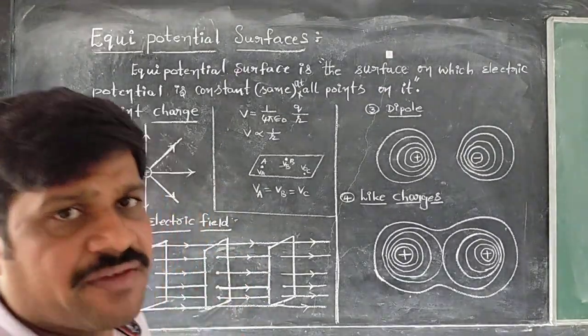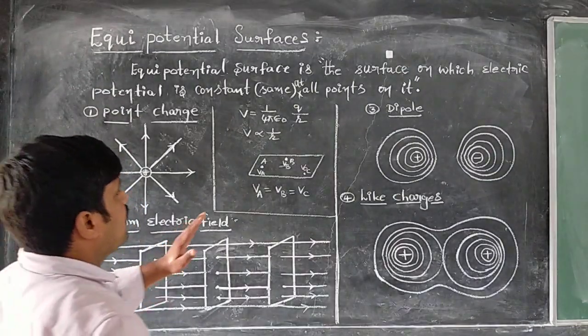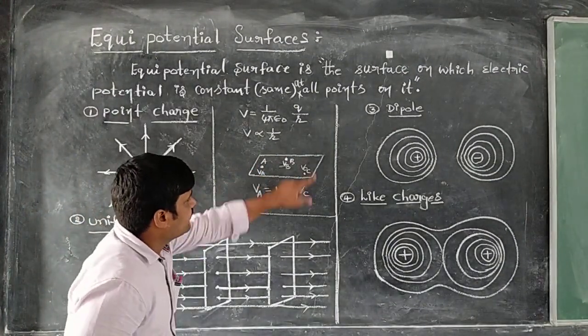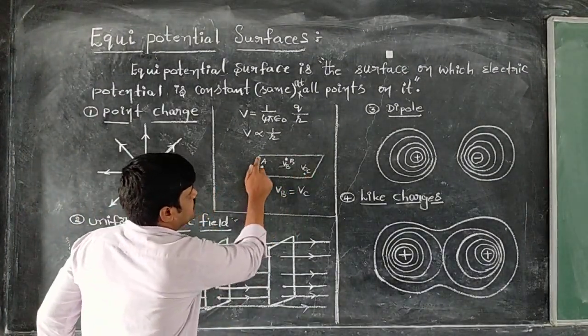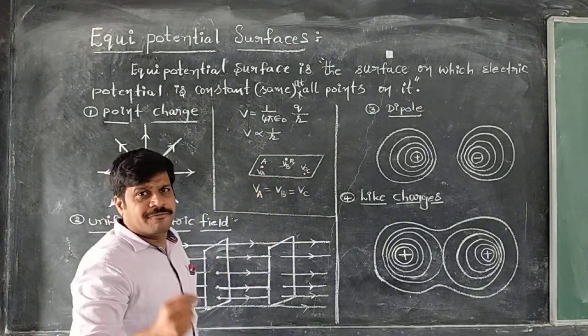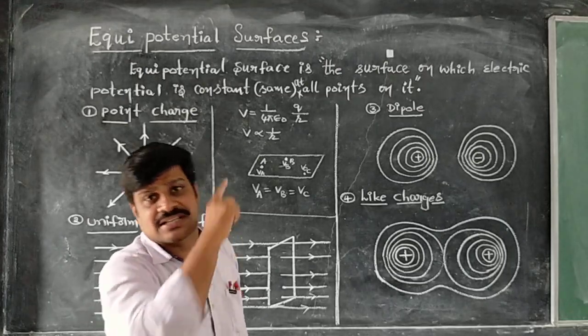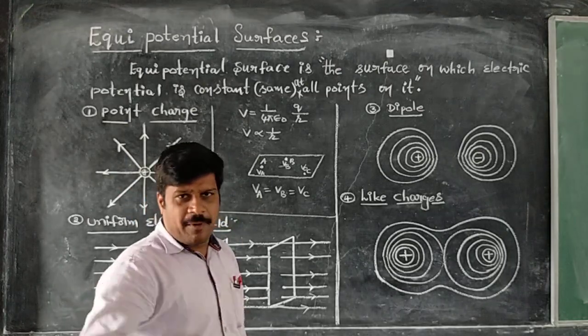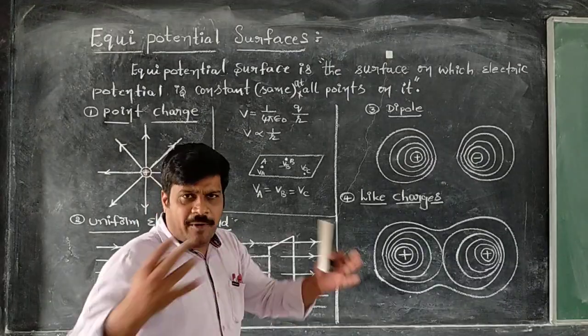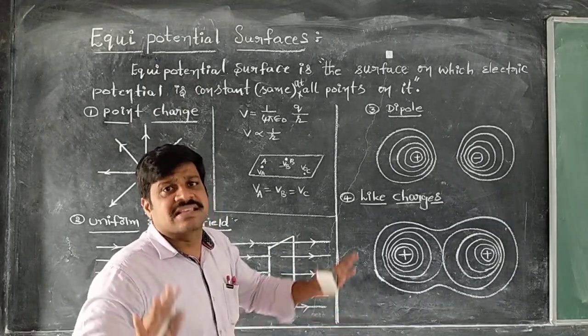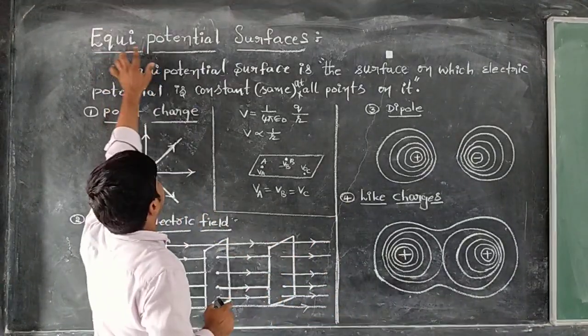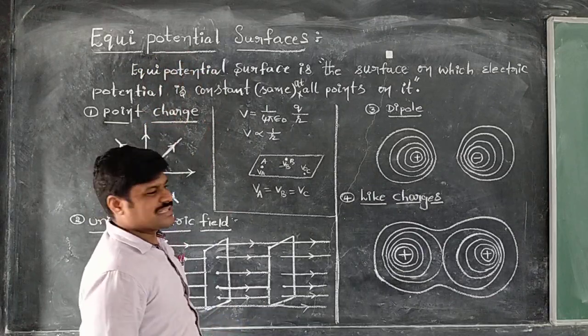So an equipotential surface is the surface on which, wherever the point may be, the potential is constant. At every point the potential is the same, and such a surface is said to be an equipotential surface.